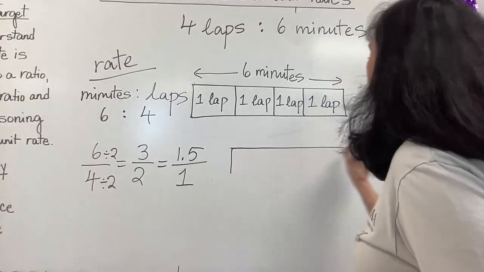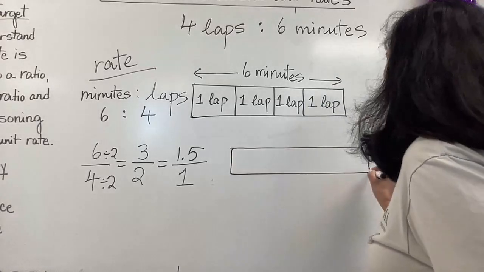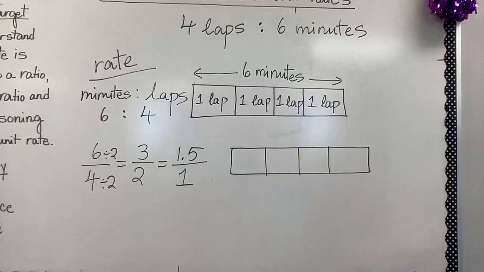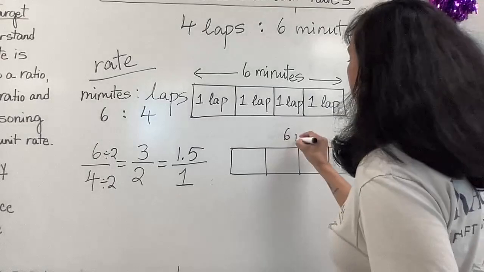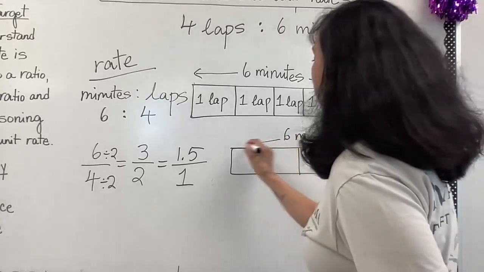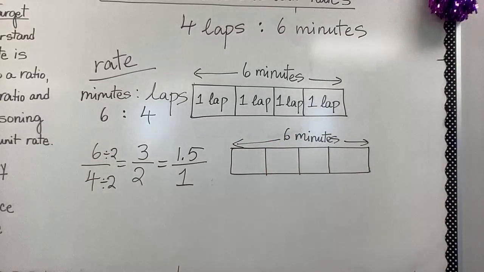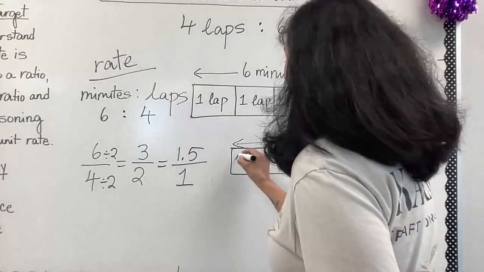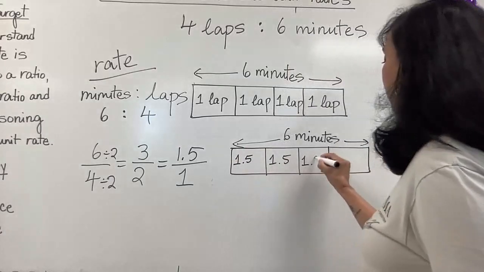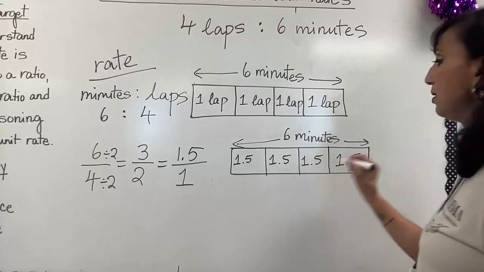Okay, so if I make a bar diagram again, and I'm trying to show this to you, I have 1, 2, 3, 4. And this whole thing is 6 minutes. And then, as I just showed you, how to find how much each lap is, how many minutes it's going to take per lap, it's going to be here, 1 and 5/10 minutes, 1 and 5/10 minutes, 1 and 5/10 minutes, 1 and 5/10 minutes.